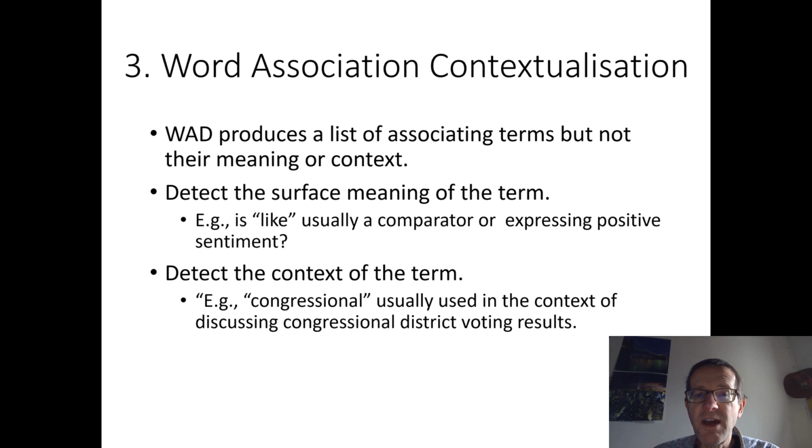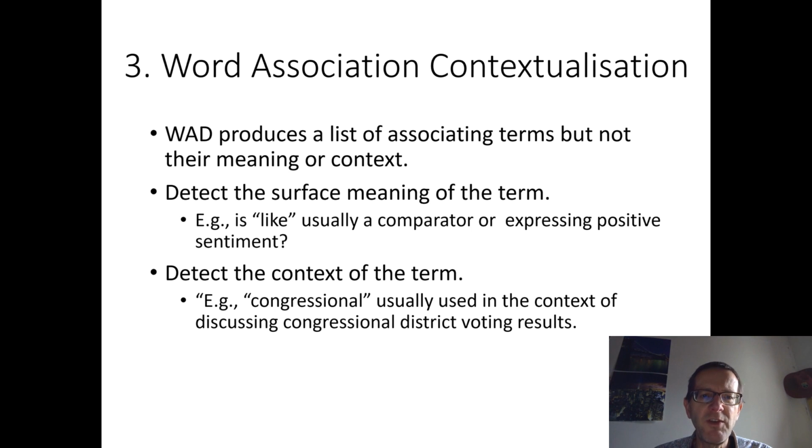And you need to know the context of the term, not just the surface meaning, but the deeper context of the term. For example, in one set of tweets, the word congressional, which has a very clear meaning, I don't think it has multiple different meanings, so detecting a surface meaning isn't really necessary for this. But in one set of tweets, it was usually used in the context of discussing congressional district voting results in the USA. So that's a very specific context.